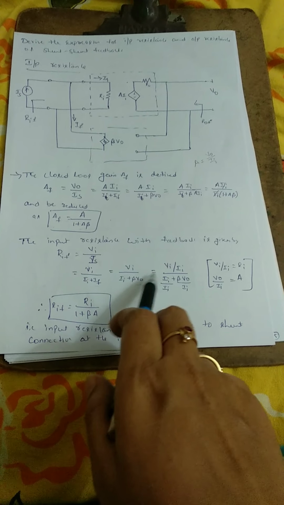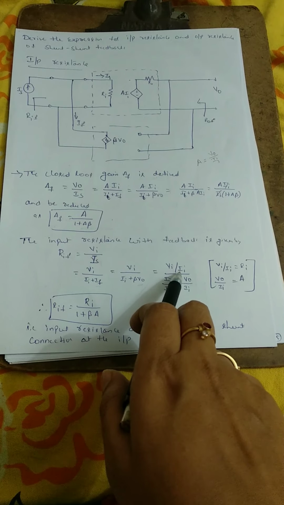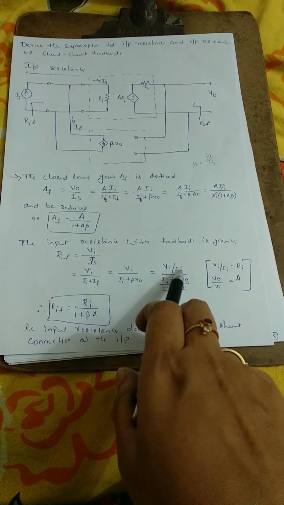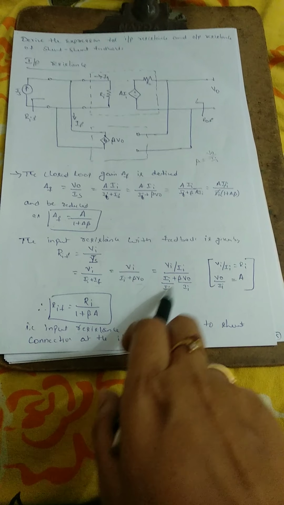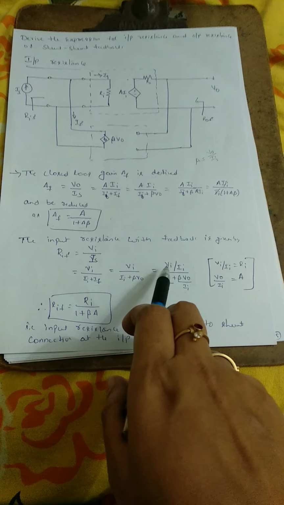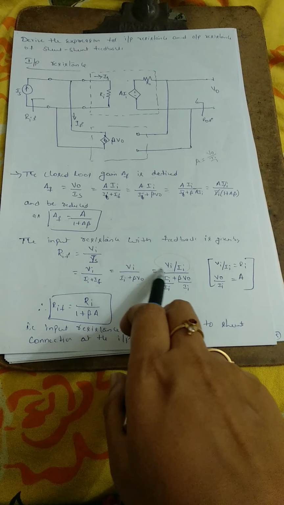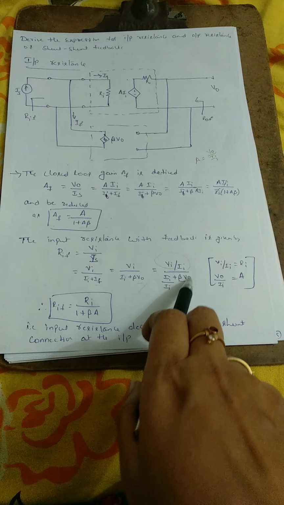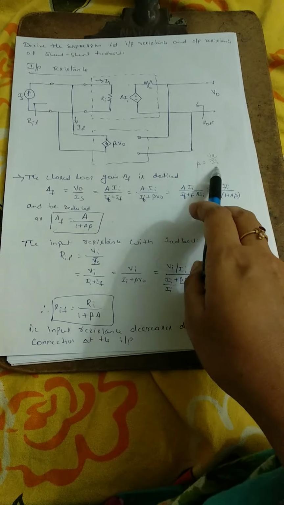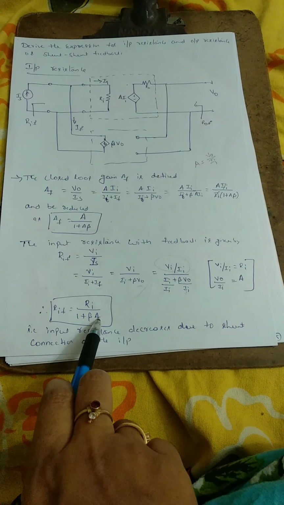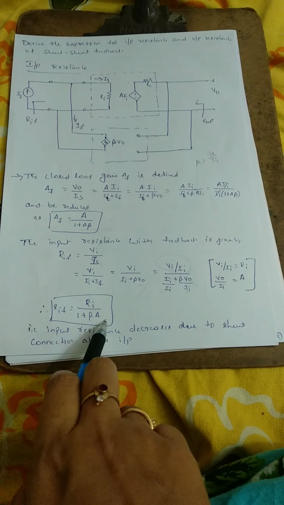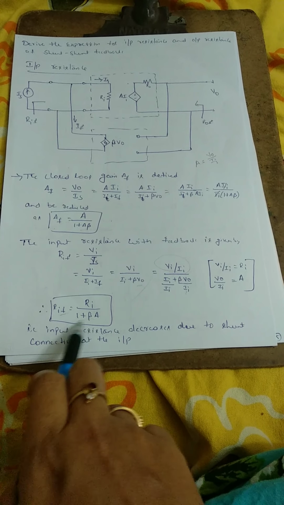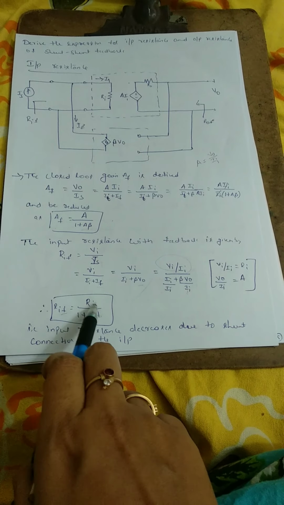I divide both numerator and denominator by Ii. So Vi divided by Ii is Ri, and V0 divided by Ii is A. Rif is equal to Ri divided by 1 plus beta A. So the input resistance with feedback decreases by 1 plus beta A times Ri.